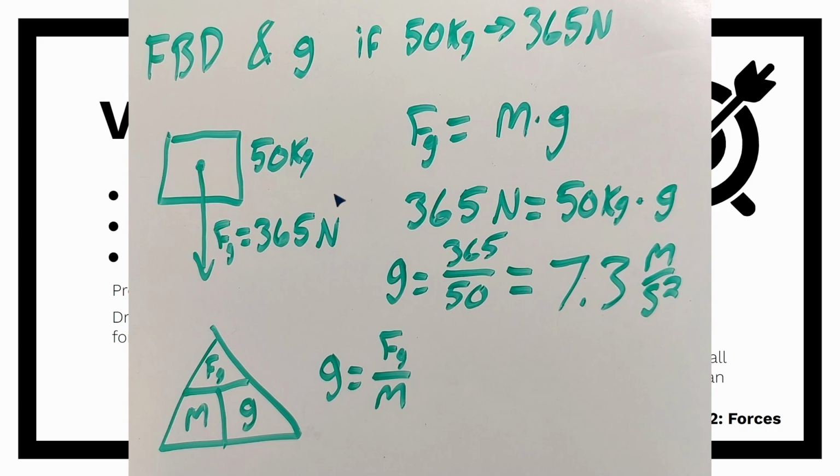This is all you need, and you can just plug in what you have, right? You have 365 newtons and 50 kilograms, and then just divide by the 50 kilograms to get 7.3. Or you can use this triangle from yesterday where you cover up g, and now you have force of gravity over mass equals g. Okay, same, this is the force of g, this is the mass. This is exactly what we did. But yeah, that's the answer to that one.